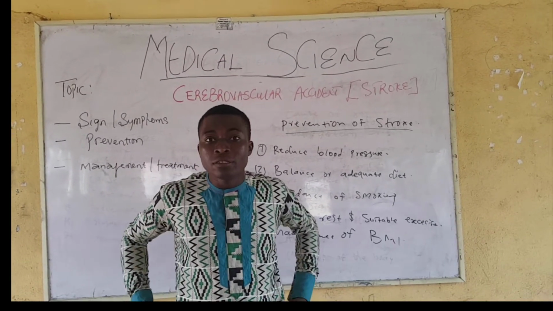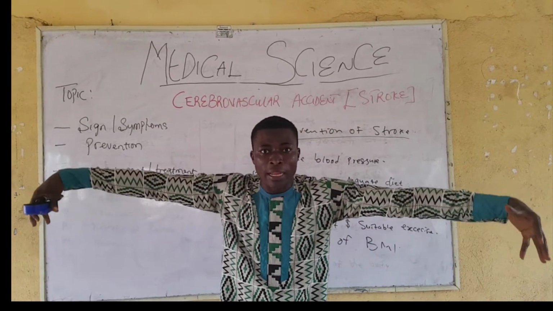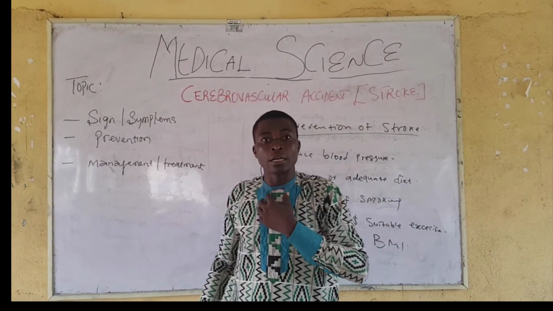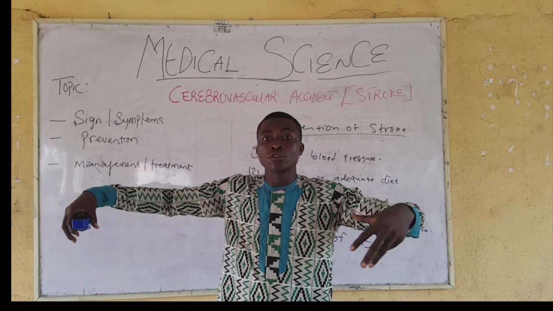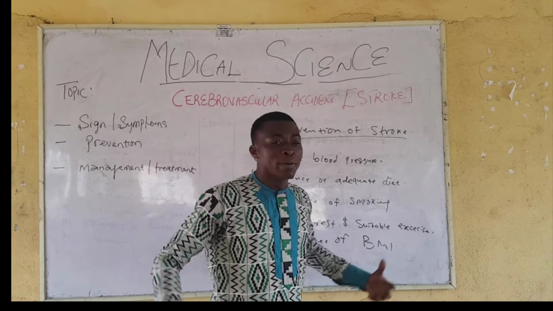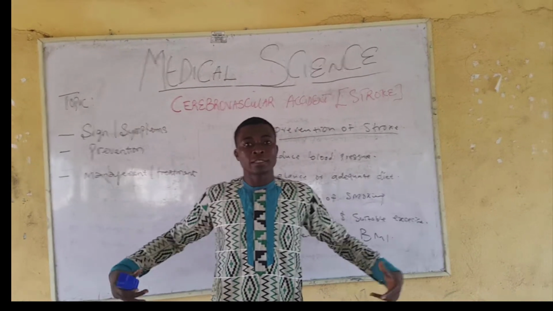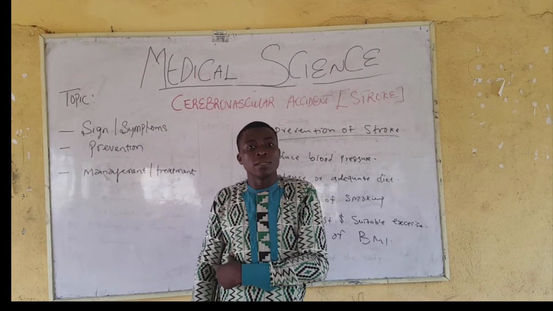Because when you are obese, meaning those people that used to be bigger, if you go to the clinic and take their records, you discover that most of those obese people are at risk of high blood pressure. So why? Let me tell you one thing. Obesity means the accumulation of fat in the body. It's not only in the muscular tissue that fat is accumulated.